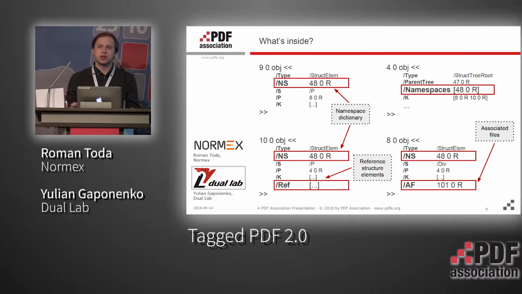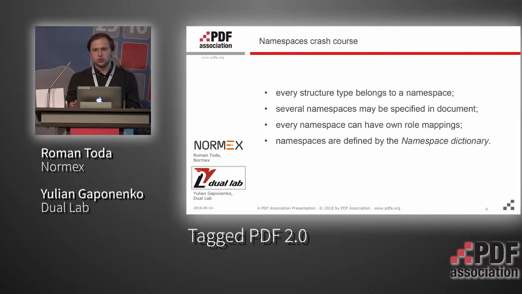The namespaces mechanism is one of the core changes in the document logical structure, and what should you know about them? First of all, from the PDF 2.0 point of view, it is considered that every structure element type is a part of some namespace.